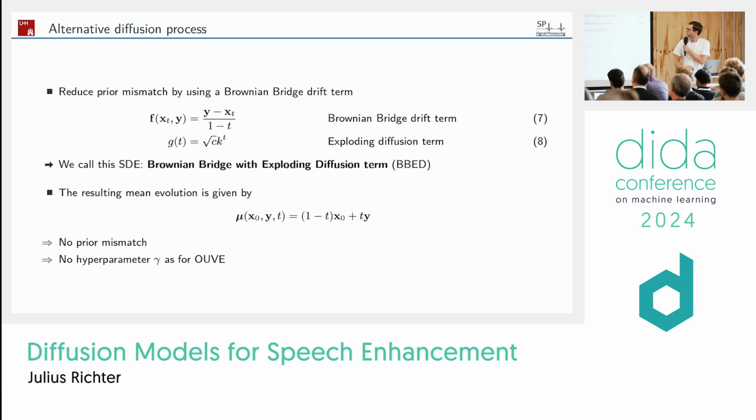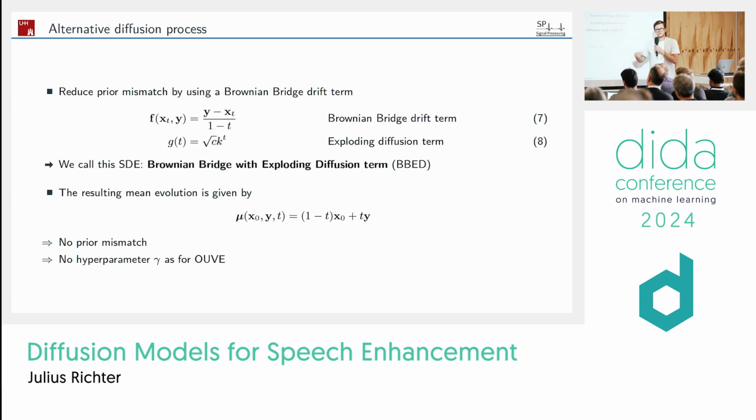And yeah, to solve this problem, my colleague had the idea to use a Brownian bridge drift term. So instead of the Ornstein-Uhlenbeck typical drift term, we now use a Brownian bridge drift term. We use the same exploding diffusion term, so we call this SDE a Brownian bridge with exploding diffusion term.